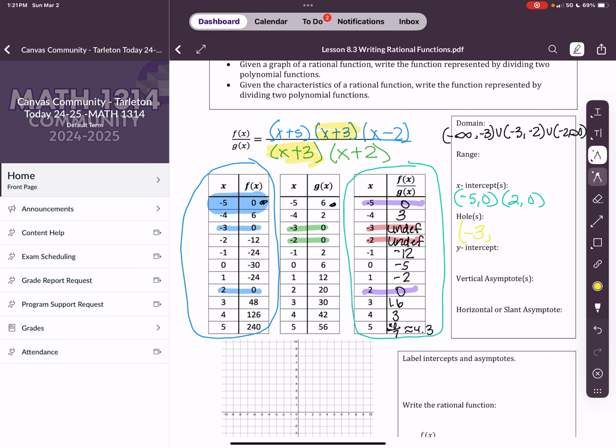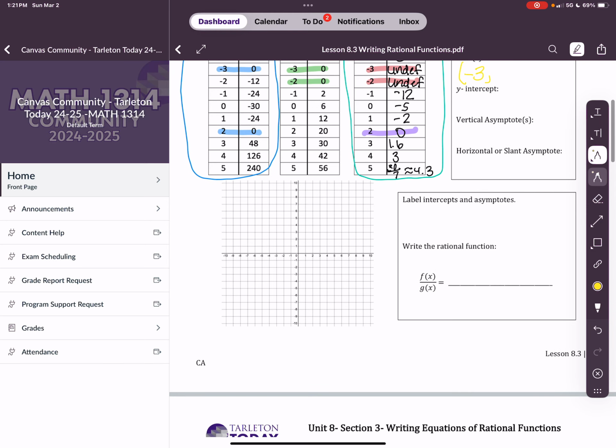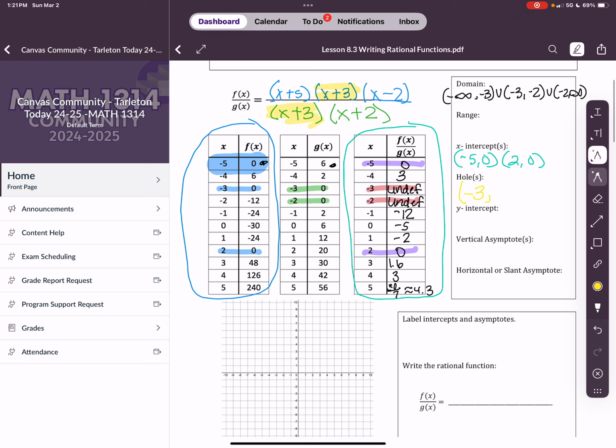Okay, now we need to find what our y value is. So to find the y value of the hole, and we're going to do this down here at the bottom to give us room, refer back up here and notice I have the shared factors highlighted in yellow. So we're going to use the factors on the numerator and the denominator that are not shared.